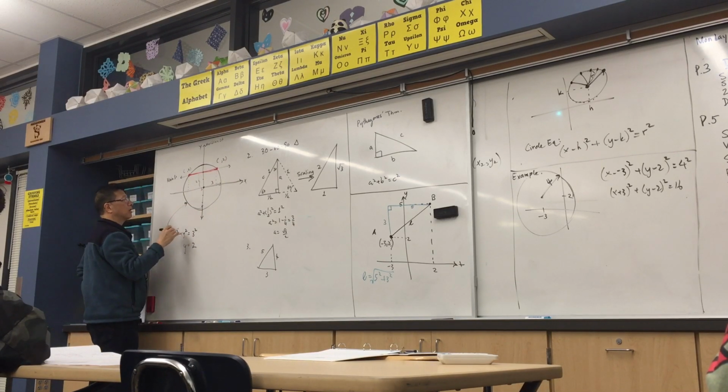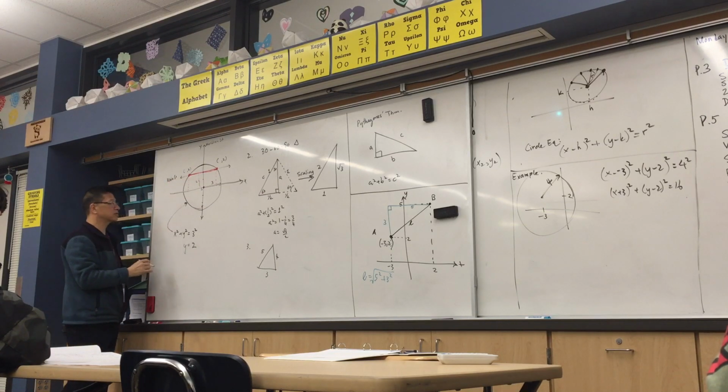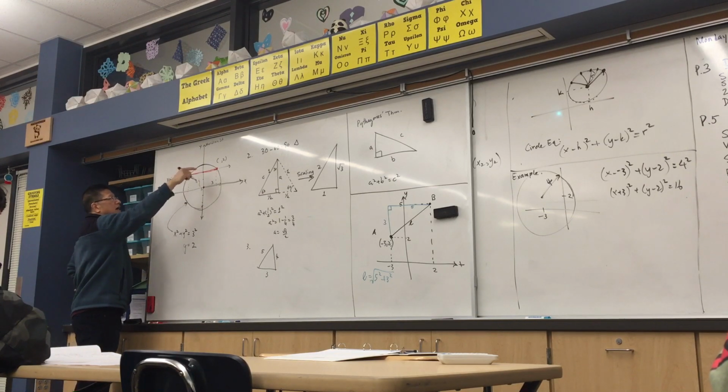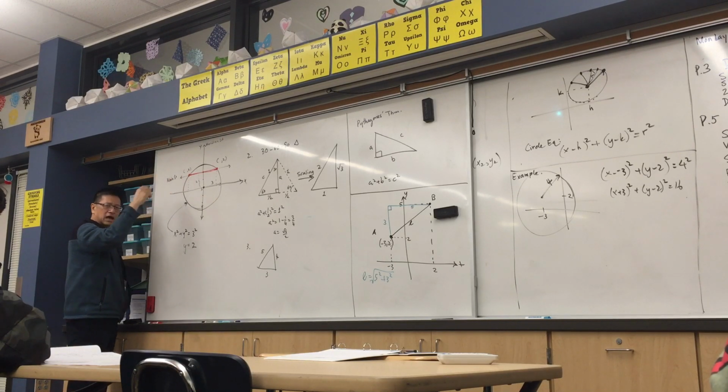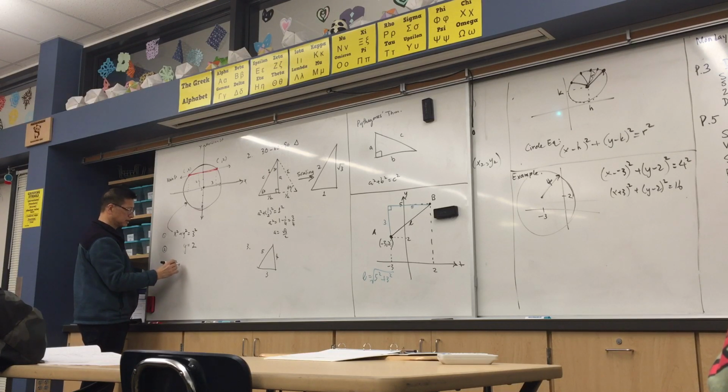So how do I find this length here? Well, this length is where this line intersects this circle. How do I do that? Well, I have 2 equations in 2 variables. I should be able to do this. x squared plus, I'll swap this into there, 4 squared is equal to 3 squared.